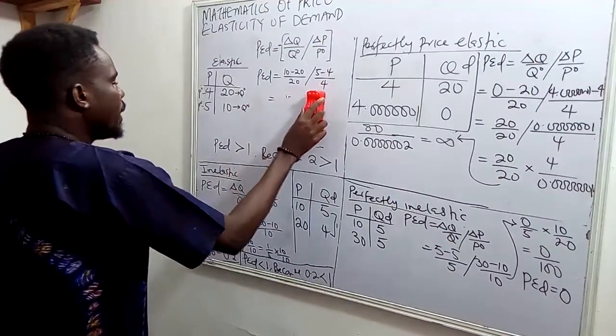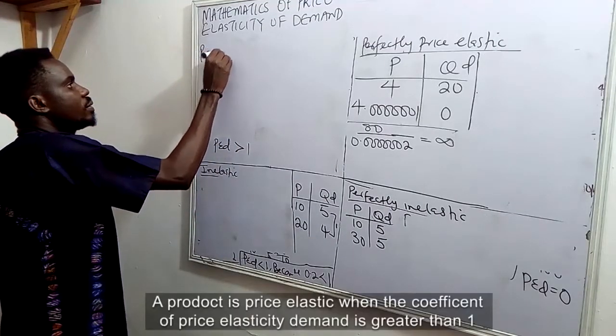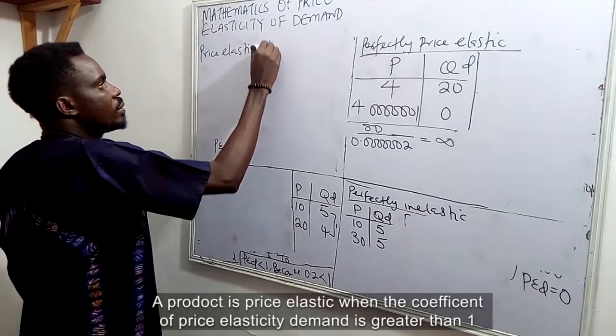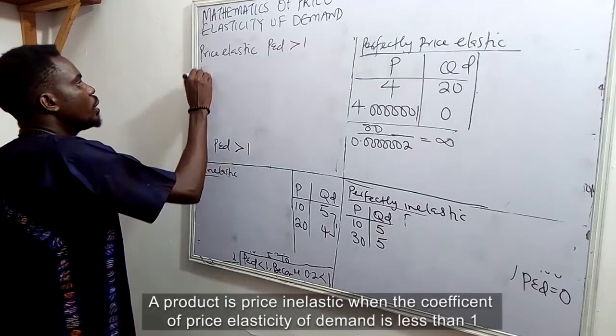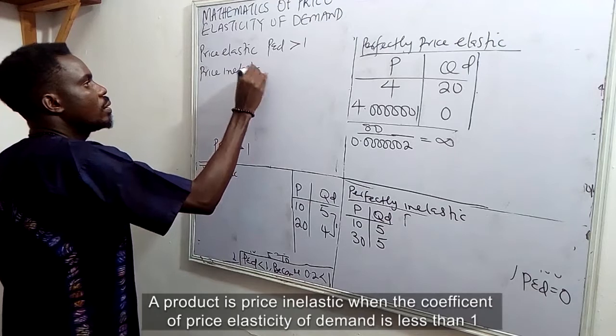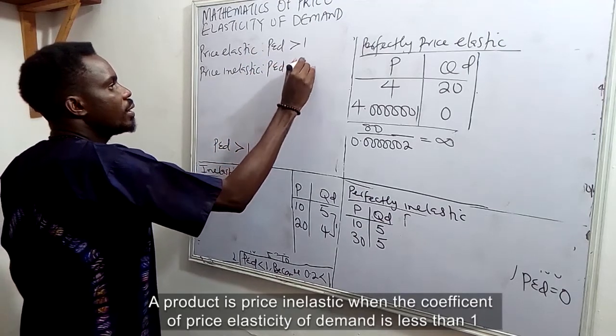This can be summarized as follows. A product is price elastic when the coefficient is greater than 1. A product is price inelastic when the coefficient is less than 1.